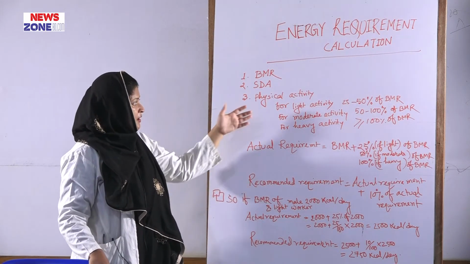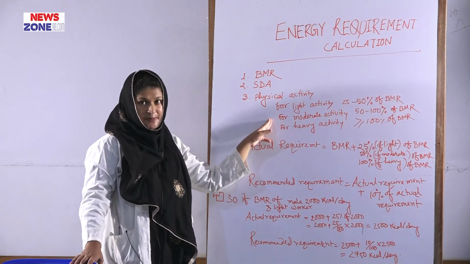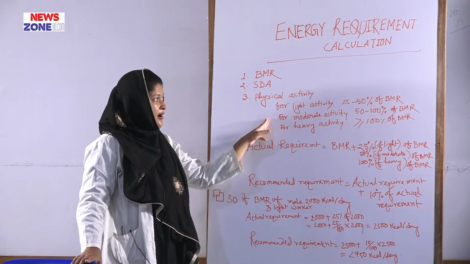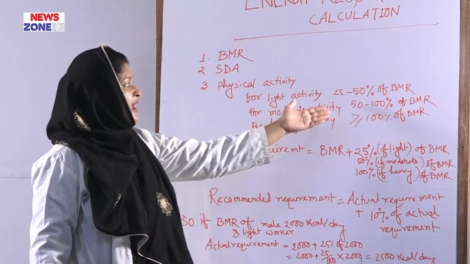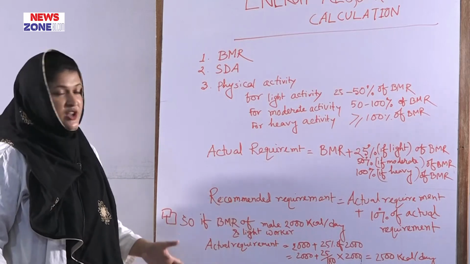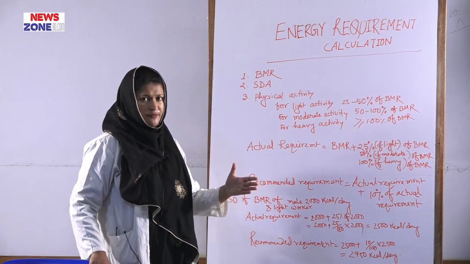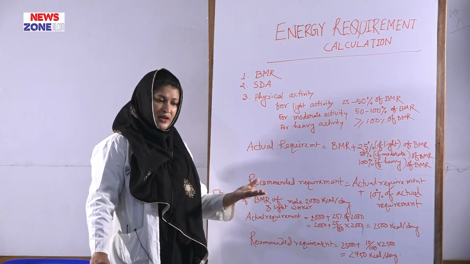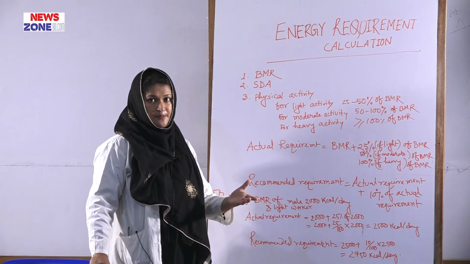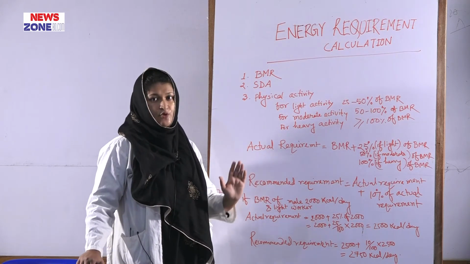So we, the medical students, are moderate activity people. So in our calculation, we will add 50% of BMR. When there is a calculation in the question, the BMR of male or female will be given, and light working, moderate working or heavy working will also be given in the question paper.